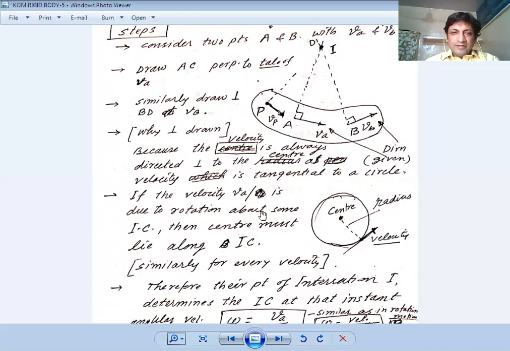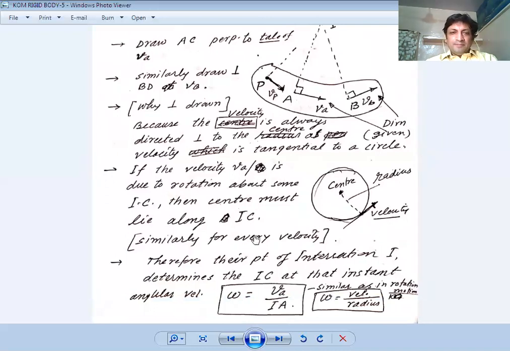Now, if the velocity VA is due to rotation about some IC, then the center must lie along the perpendicular. Similarly, it is done with B. Therefore, their point of intersection I determines the IC.